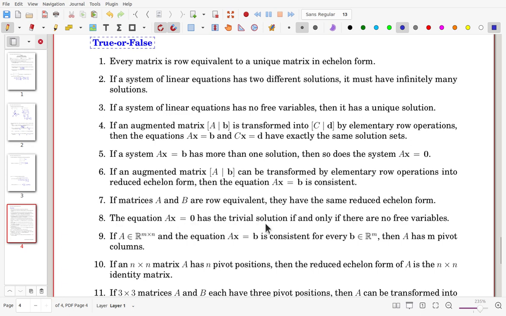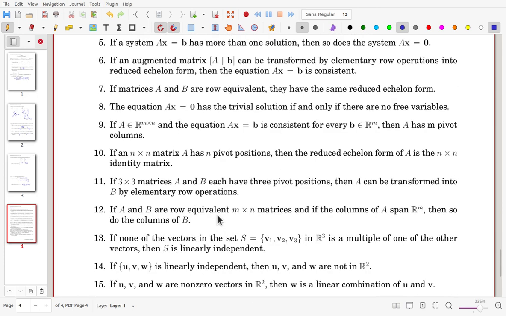This portion is always true, but it requires some conditions, and so these two cannot be the same, so it is false. To make it true, you have to put here "only": the homogeneous system has only the trivial solution if and only if there are no free variables.